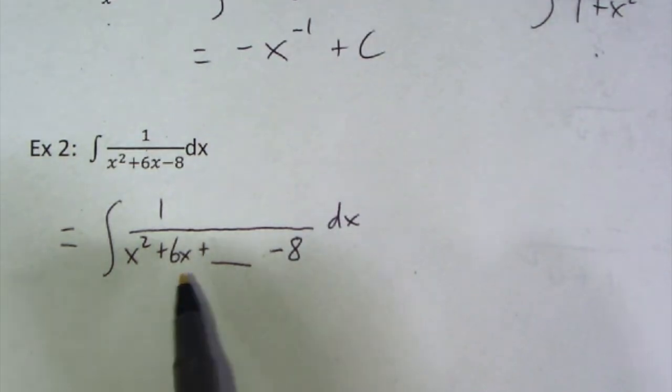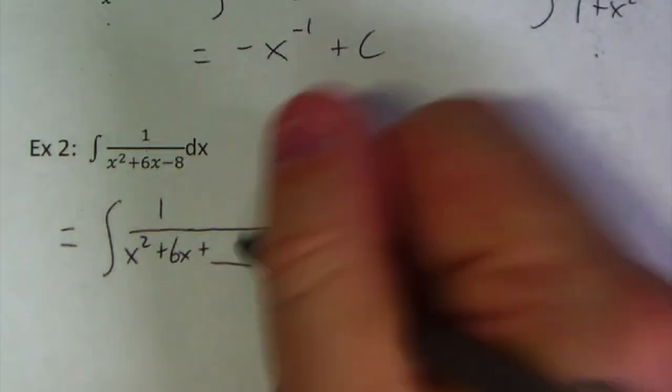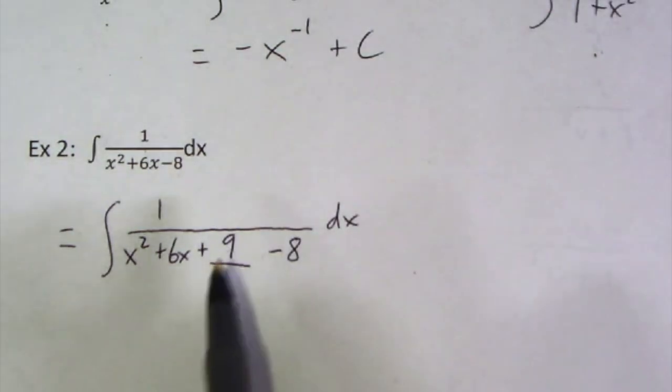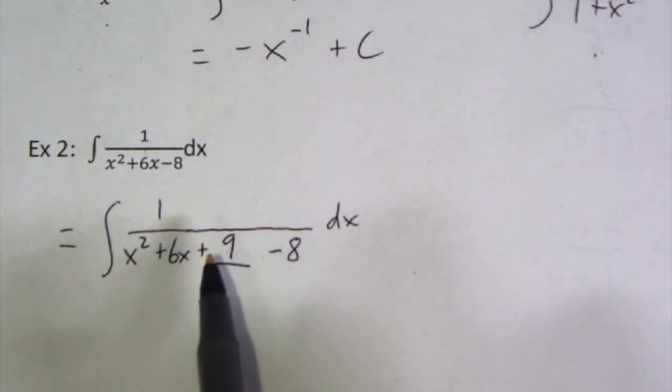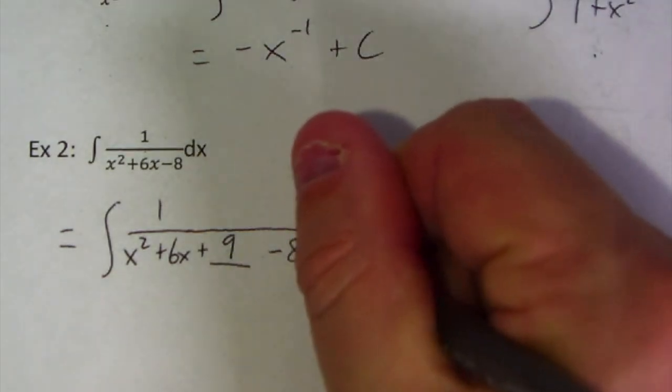We take half of the b value, so 3, and we square it. So 3 squared is 9. Now, if you remember back in Algebra 2, you can't just randomly add 9 here. You have to counteract it. So if we added 9 here, we have to subtract 9 here.